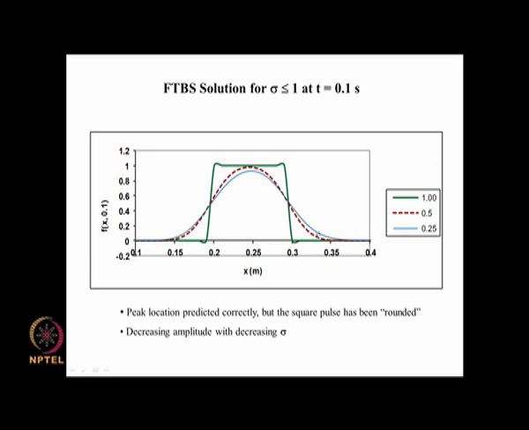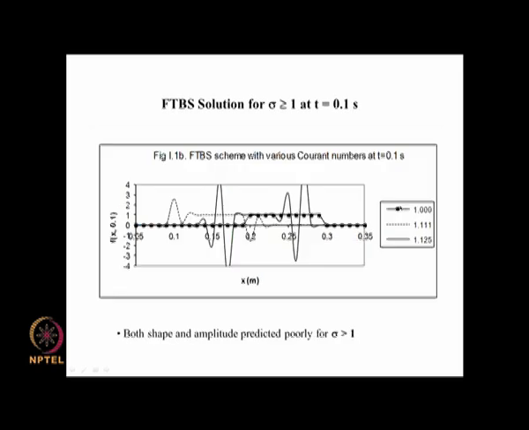Now what will happen if we go to a Courant number which is greater than 1? We found that the best solution is at 1, and if you increase it by a factor of 11%, so delta t is increased by about 11% here, this is what we are getting. You can see the pulse of 1 going from 0.2 to 0.3.